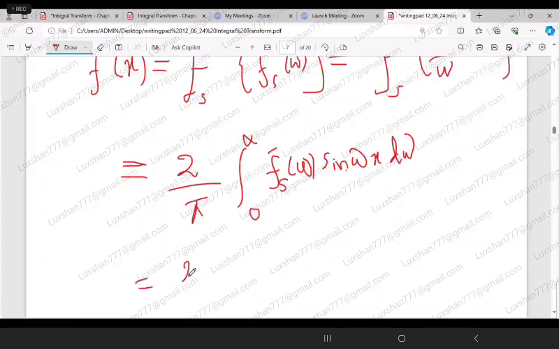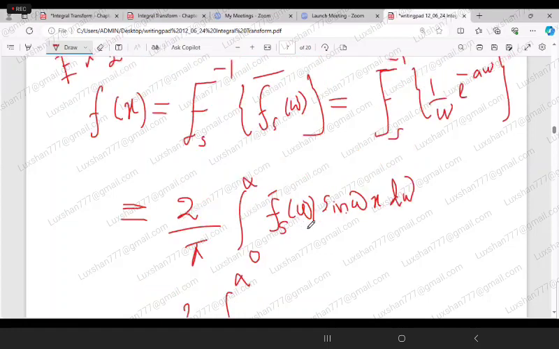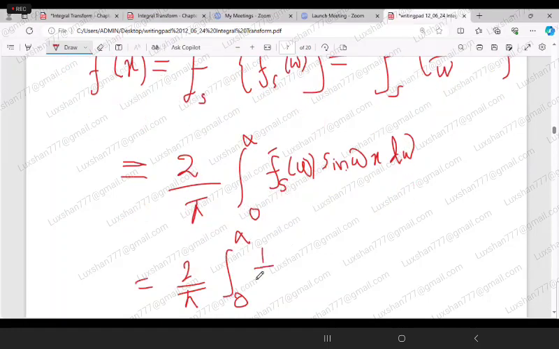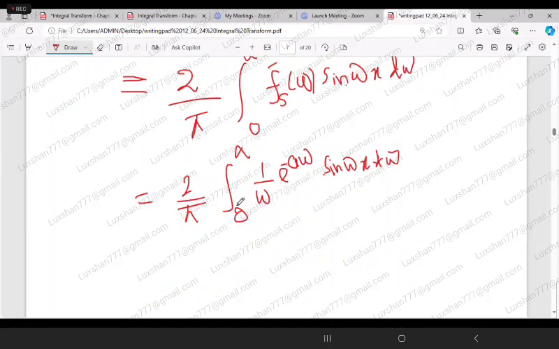So using the definition, we can write it as root 2 over pi, 0 to infinity, my fs is 1 over omega e to the power minus a omega sine omega x into d omega. Now, you can't take omega out because we are integrating with respect to this one.